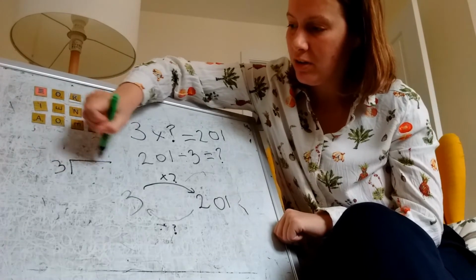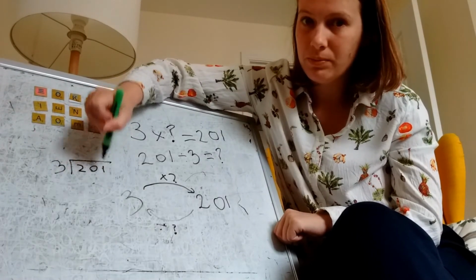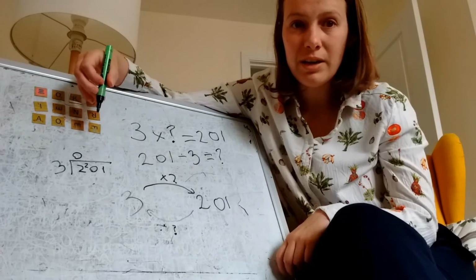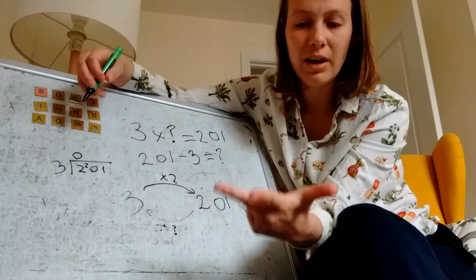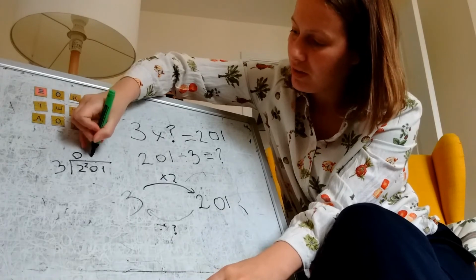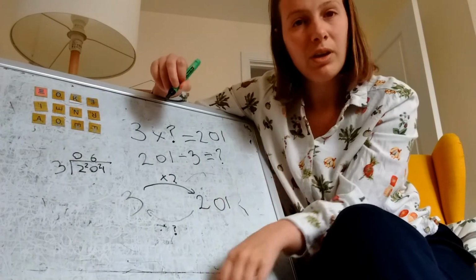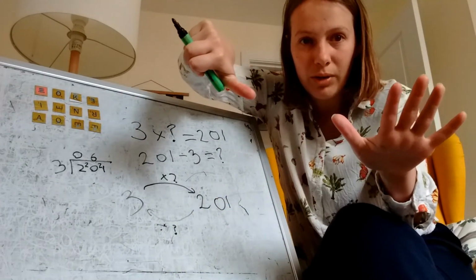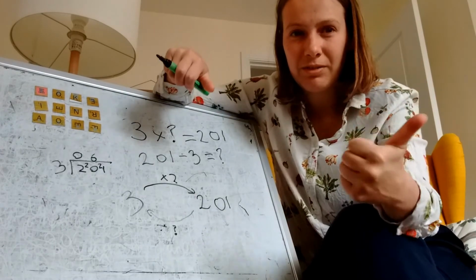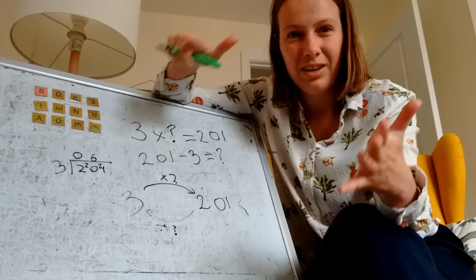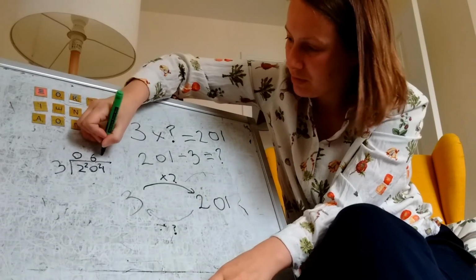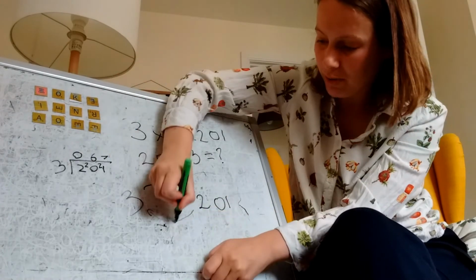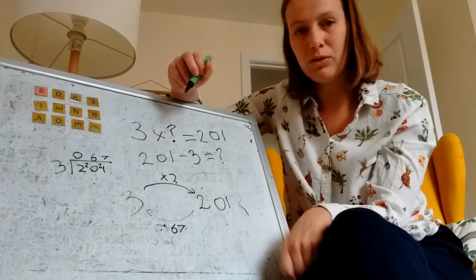I'm going to use a bus stop method. 3's into 201. 3's into 2, go 0 times, carry the 2. 3's into 20, go 3, 6, 9, 12, 15, 18. 6 times, and 2 to carry. 3's into 21, go 3, 6, 9, 12, 15, 18, 21. 7 times. So that tells us that 201 divided by 3 equals 67.